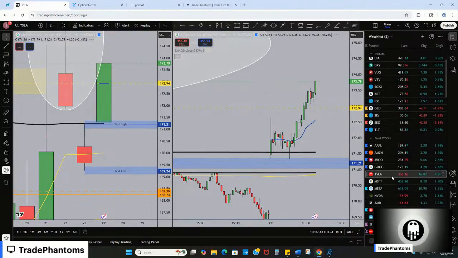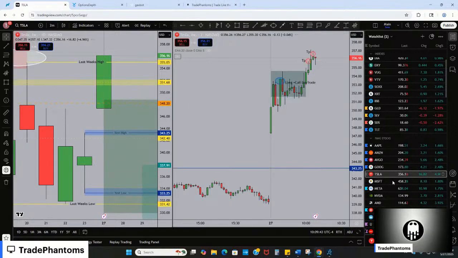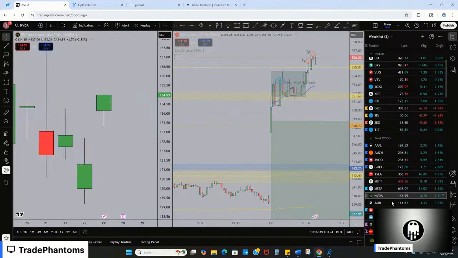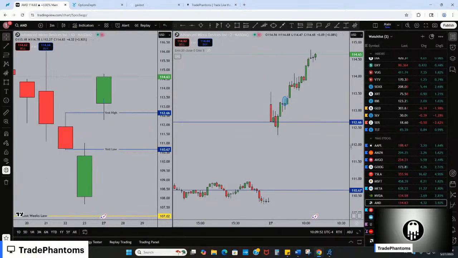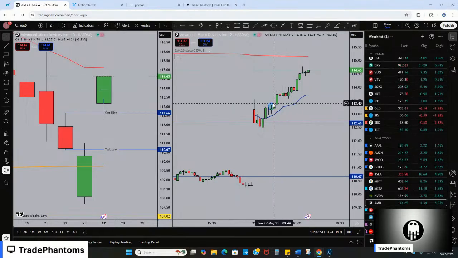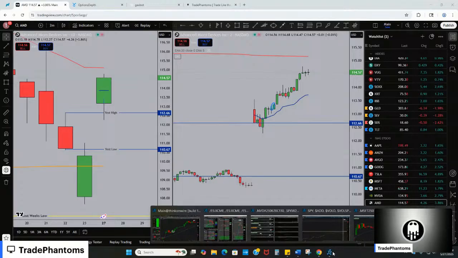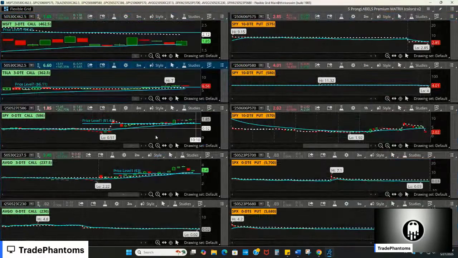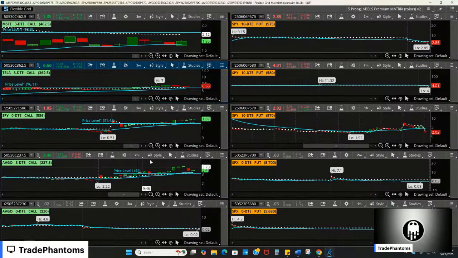And I'm always missing Google trades. It's annoying. It's weird. Mark Wahlberg caught AMD. I'm going to peel out a little bit more spies here.